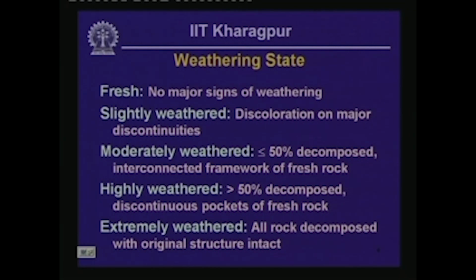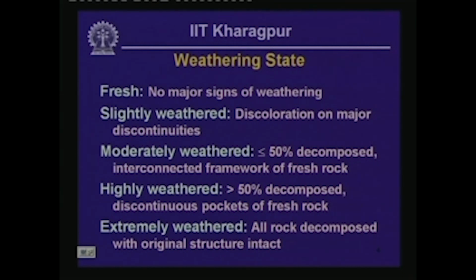Okay, so there are three intermediate states. The first one in the order of increasing weathering is slightly weathered, where there is no discoloration. Discoloration is only visible on the main discontinuities, main joint sets, and not in other minor discontinuity locations.